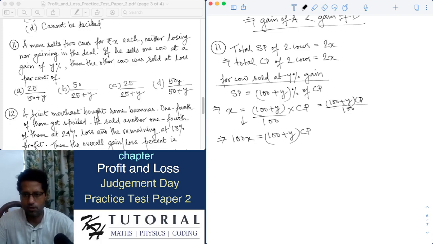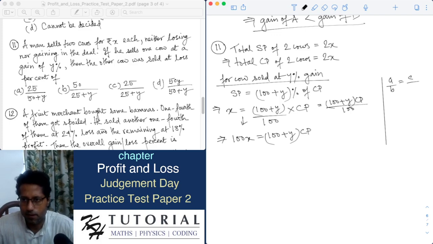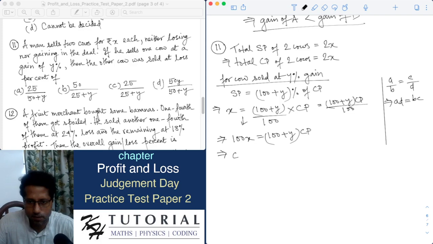We know that if A by B equals C by D, the cross products are equal, that is AD equals BC. Now if I divide both sides, CP is nothing but 100x divided by the coefficient of CP, that is 100 plus y.